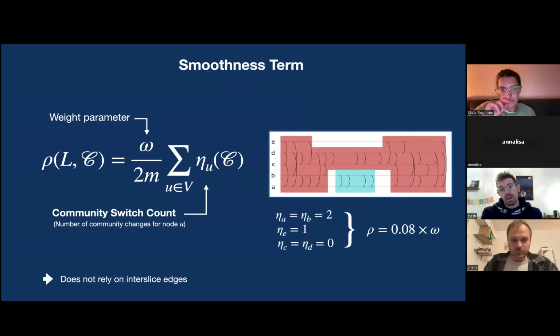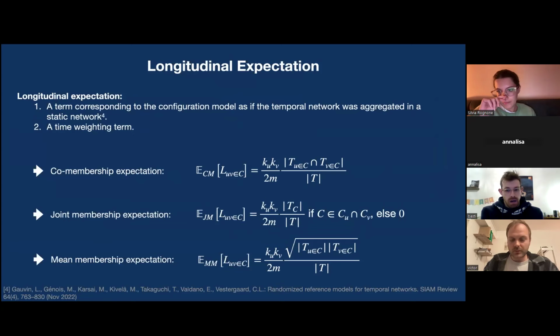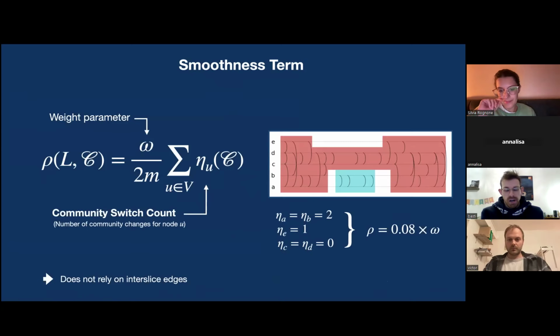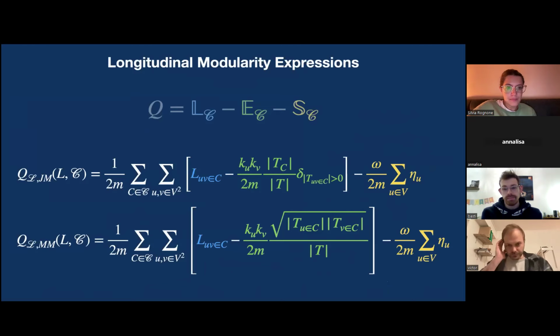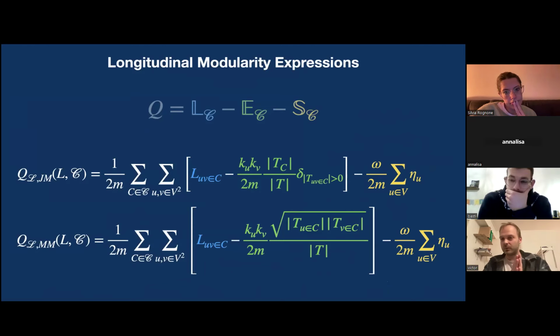To better explain it, I need to find this, or maybe this would be better. If you see in the green term, we have the time. For example, you have the community duration in the joint membership, the first equation. If you reduce the time a node spends in the community, this term will tend to 0.